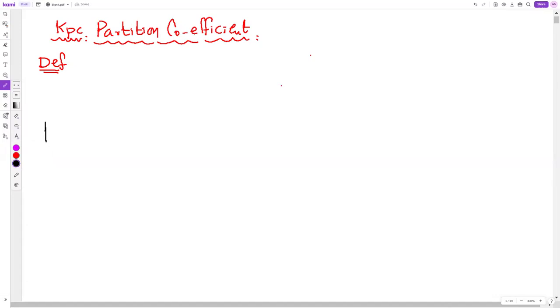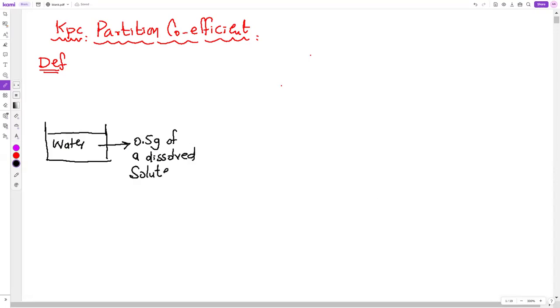Beta, let me give you an example. Suppose we have water here in a beaker, and suppose this water contains 0.5 grams of a dissolved solute X. And let us say this X decomposes on heat.